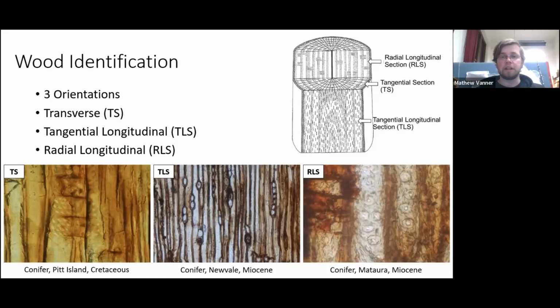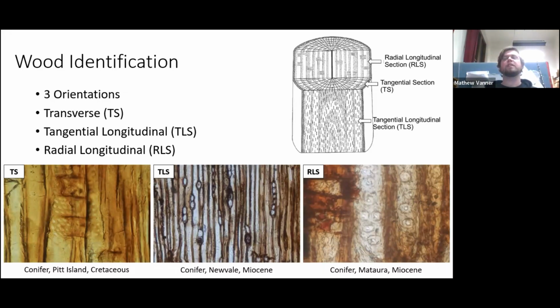Now on to the actual wood identification part. To identify wood, this goes for both fossil and modern, you need to be able to view the wood anatomy from three different orientations. The transverse, the tangential longitudinal, and the radial longitudinal. As you can see, the transverse section is that really typical kind of ring view.